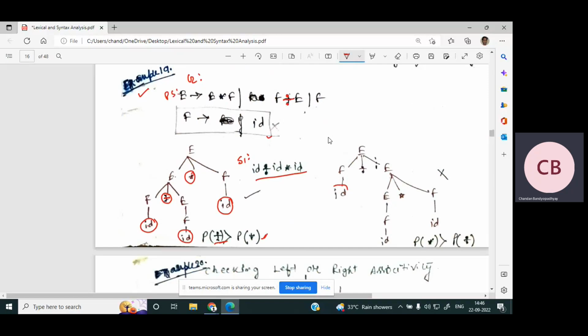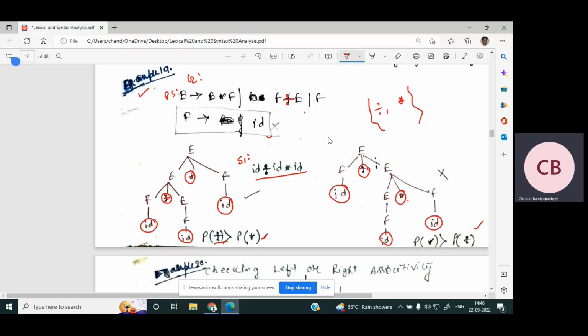In the same way, you are getting another tree, ID division ID star ID. Here the star has the higher precedence. So in that scenario, you should say that the asterisk and division operators both have equal precedence.